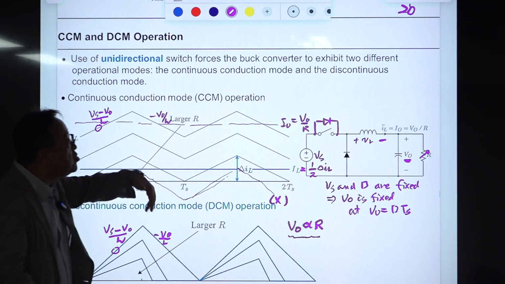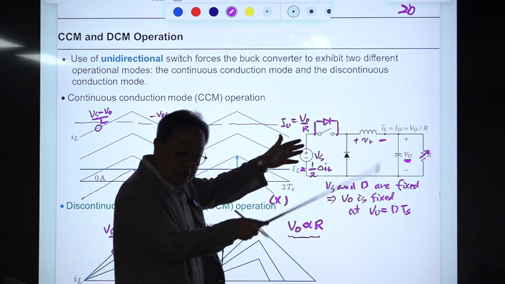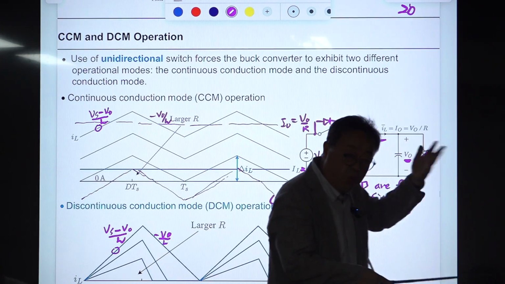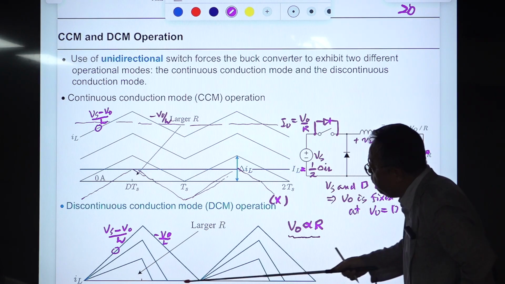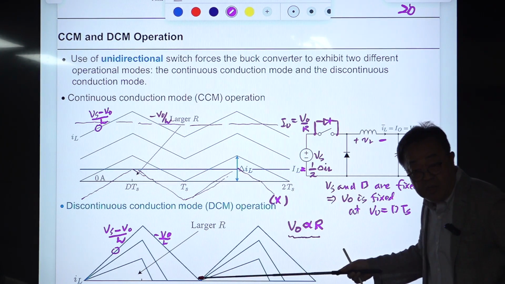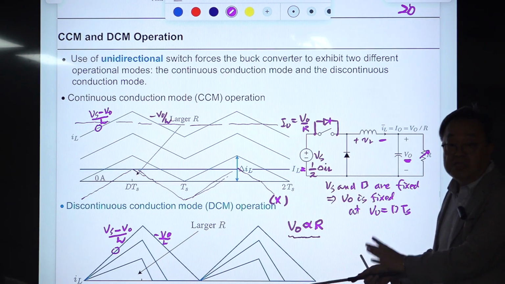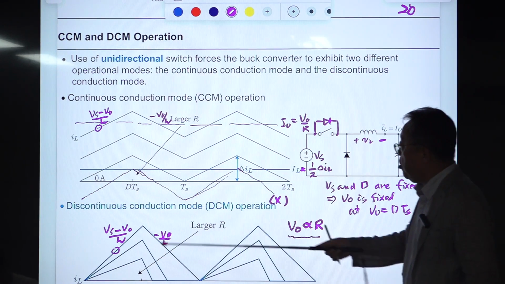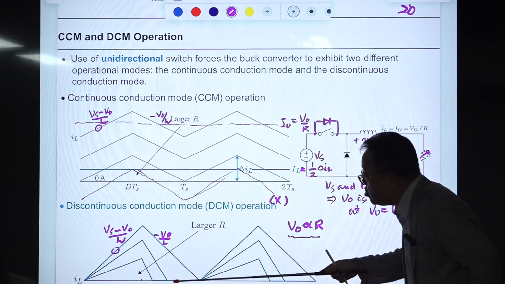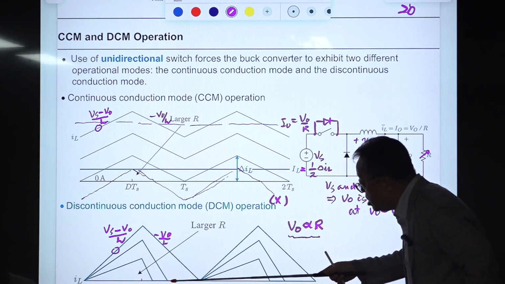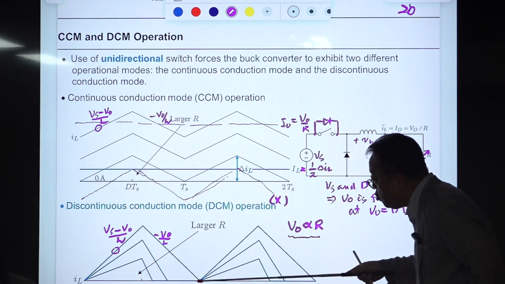If the diode turned on, the circuit would be shorted. So once it turns off, it remains off for the remaining part of the switching period. This is called discontinuous conduction mode because the inductor current becomes discontinuous during this period. This is the DCM, discontinuous mode operation.